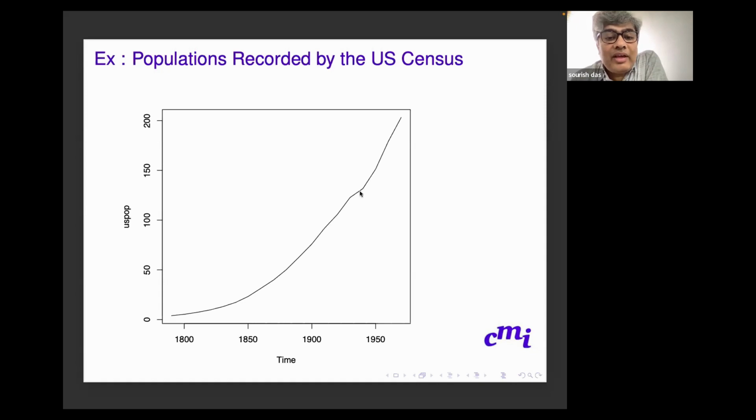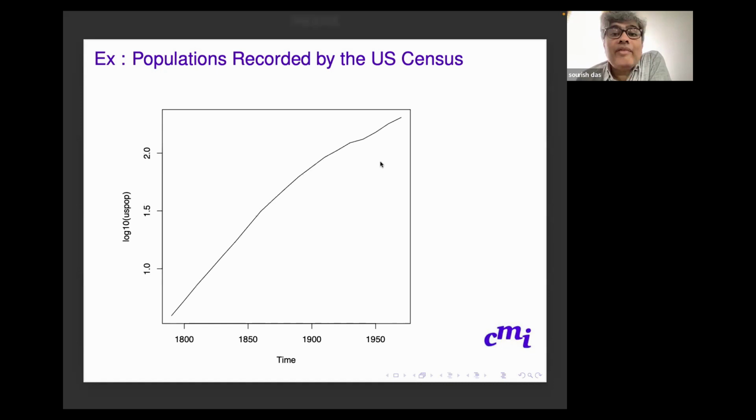Now, you can see there is a sudden slowdown that happened during, I think, the Second World War. And then again, it took its own pace. So now if you take a logarithmic scale, you see a very different story.